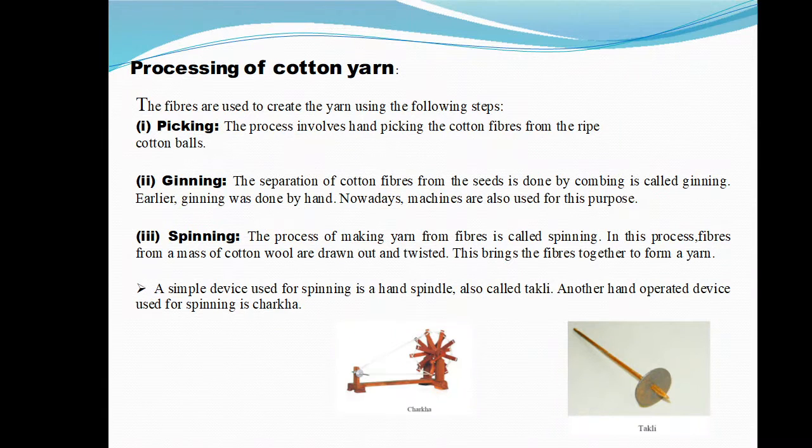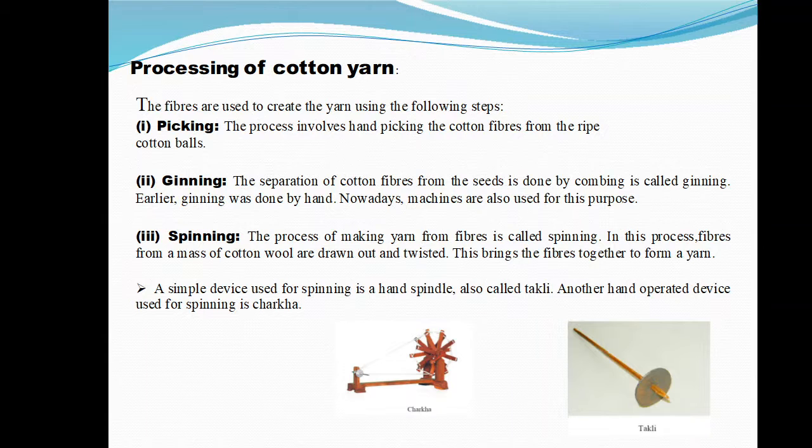It is done by hand, and nowadays there are several machines which do the job for us. After the ginning, we have our cotton fiber, and we can use that for making our fabric.